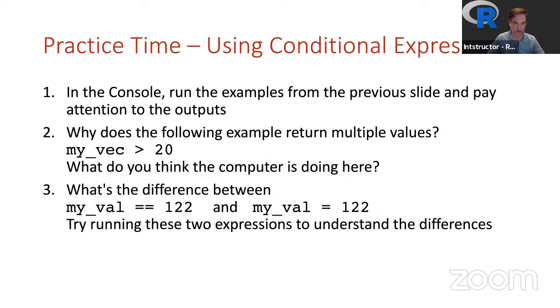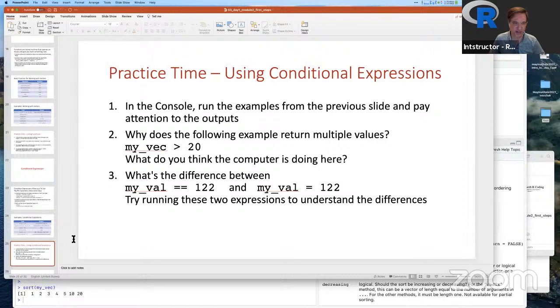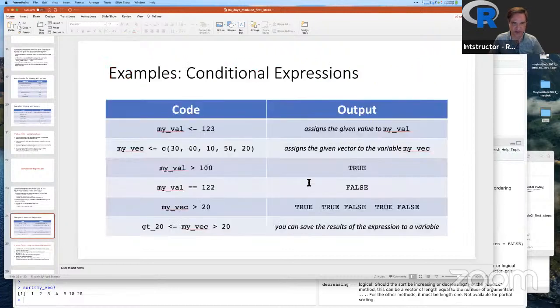In particular, I want you to try this case where you use the double equal sign to ask a question in a conditional expression versus the single equal sign, and get used to what would happen if you were to do both of those expressions that look very similar. Okay, so let's take a few minutes here to practice executing some of these conditional expressions. Take your pick. I just want you to have some practice executing these expressions.